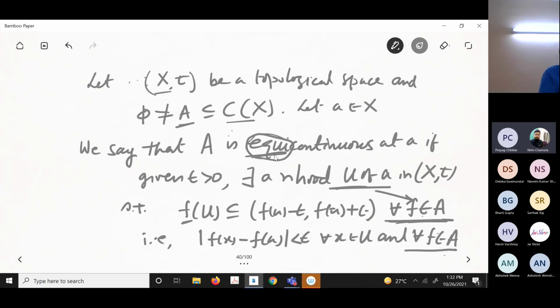And Ascoli-Arzela theorem I told you that if it is closed, bounded plus equicontinuous, then it will be compact. Particularly any compact subset, if you take a compact subset, it has to be equicontinuous. So I will continue this.